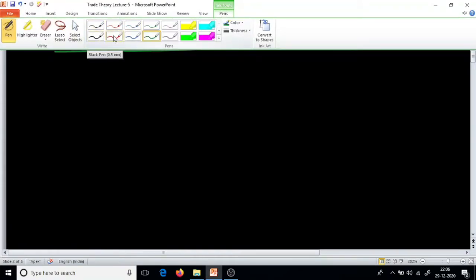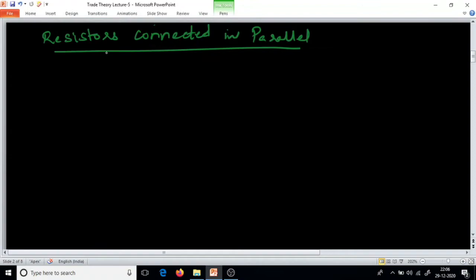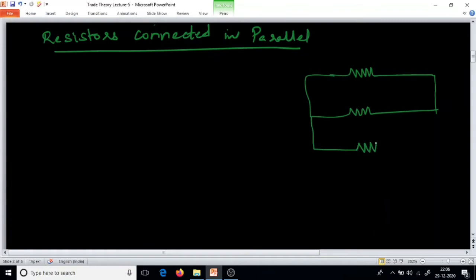It looks like this, here I'll draw it. We have three or more resistors. Now we will consider three resistors: the first, the second resistor, then the third resistor. If three resistors are connected in parallel, then we apply voltage here.